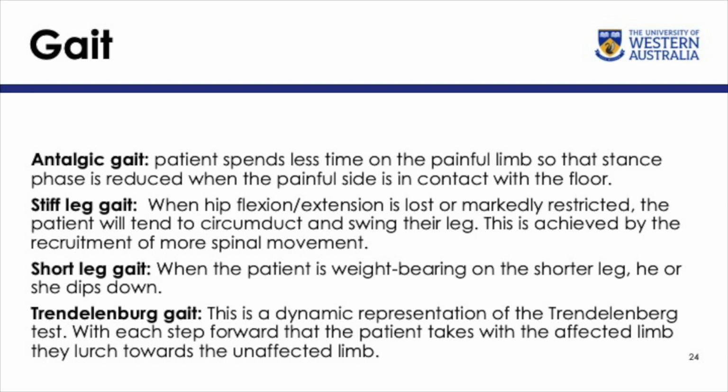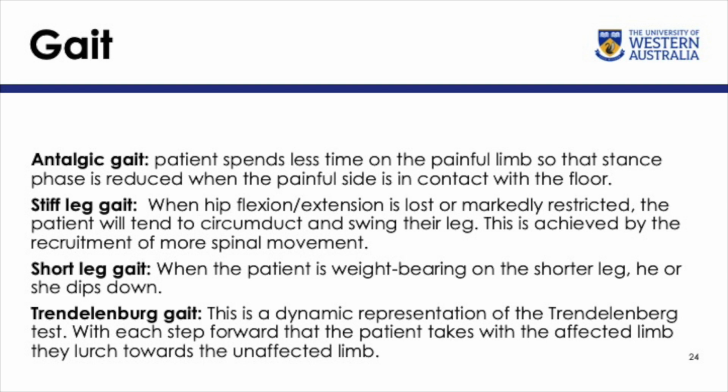These are some of the common gait patterns that are seen with hip pathology. In the antalgic gait, the fundamental feature is that the patient spends less time on the painful limb, so that the stance phase is reduced when the painful side is in contact with the floor. Basically, the patient wants to get off the painful leg as quickly as possible.